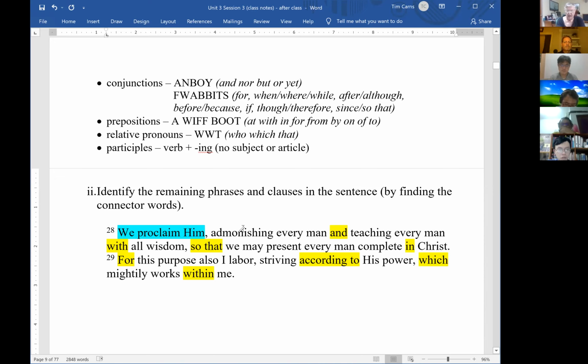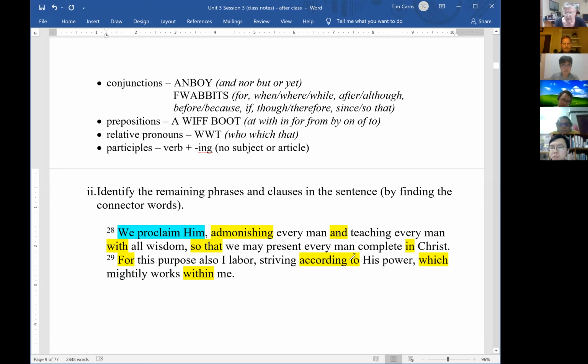Do you see any verbs here that end in ing? They could be potential participles. Teaching. Well, admonishing would be a verb too, wouldn't it? Yes. Admonish plus ing, so that's a verb plus ing. There's no subject and no article, so it's most likely a participle.